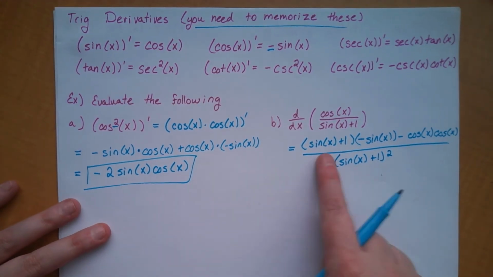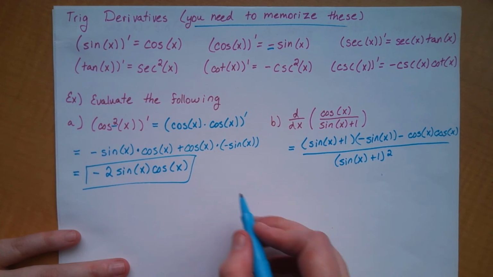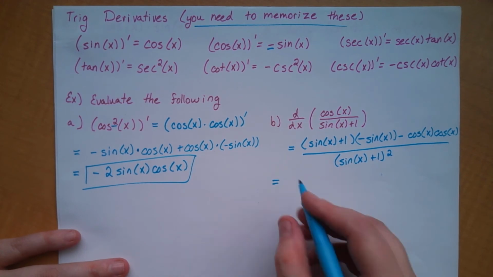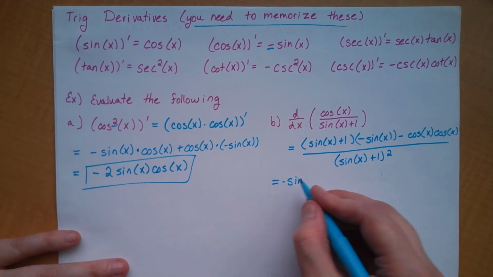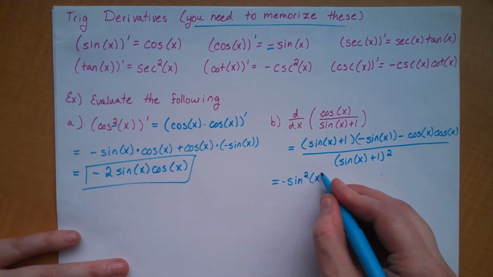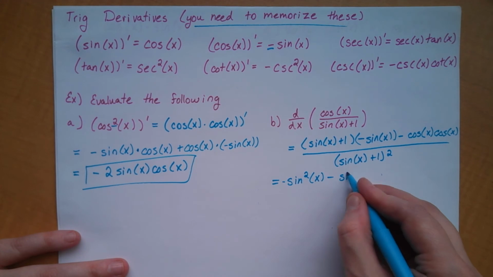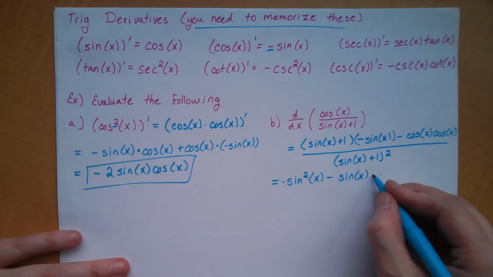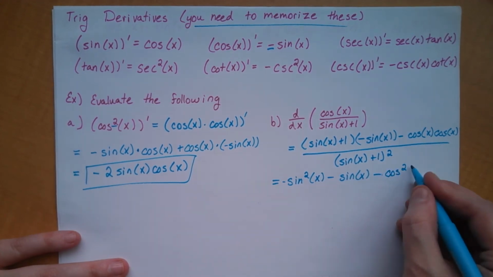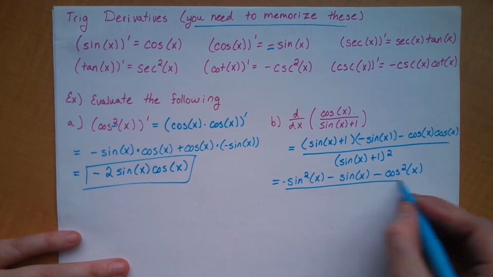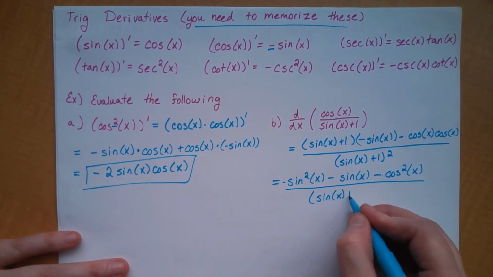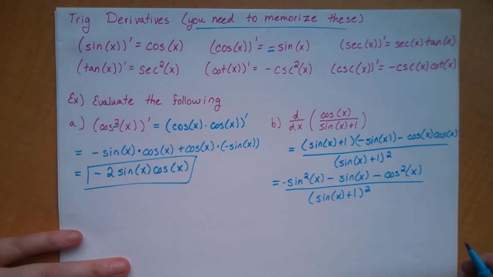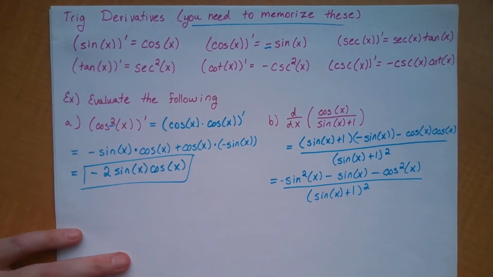Great, let's see if we can clean this up a little bit. So this is going to be negative sine squared x, minus sine x, minus cosine squared x, all divided by sine x plus 1 squared. Now let's see, is there any way that I can simplify this out?